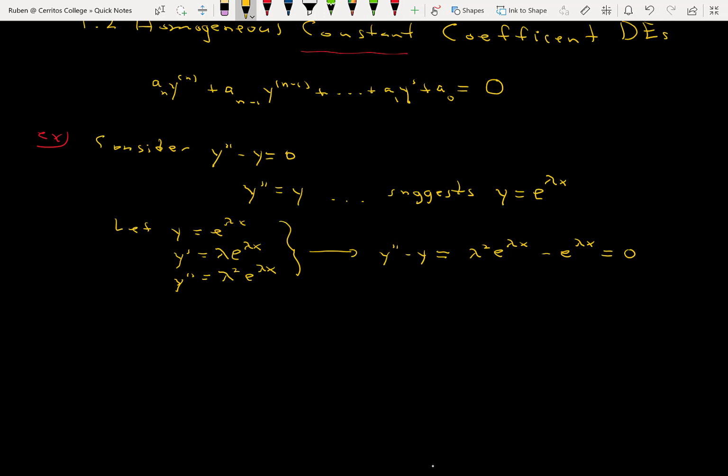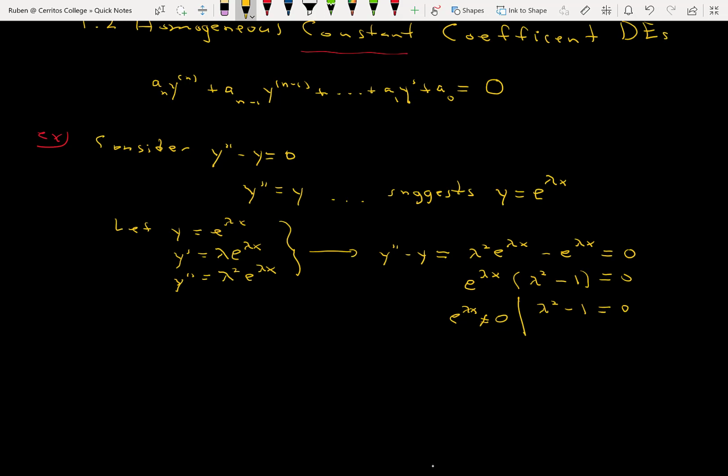Well, we can solve this equation very easily by factoring out the greatest common factor of e to the lambda x, and then multiplying that by the remaining factor, lambda squared minus 1 equals 0. Okay, so let's solve this equation. Well, e to the lambda x is never equal to 0, so we don't have to worry about a contribution to the solutions from the e to the lambda x part. However, lambda squared minus 1 equals 0 does have a solution. In fact, it has two solutions.